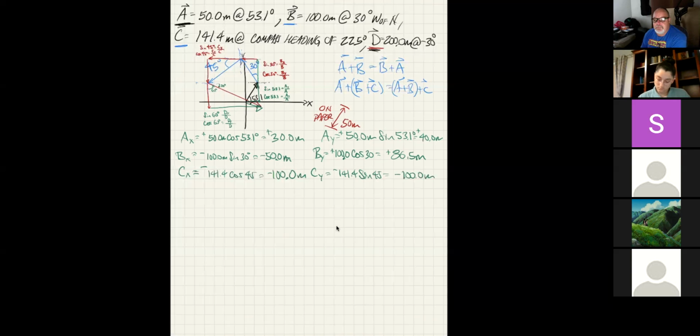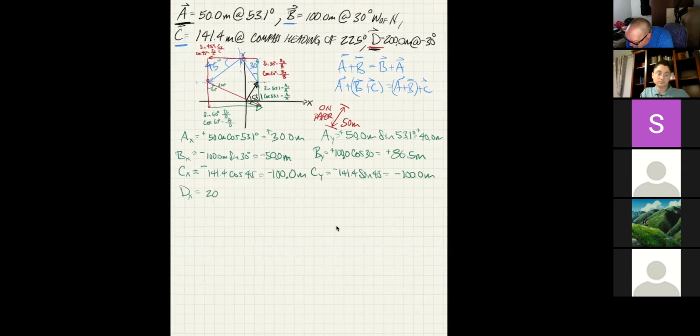And we're almost done. D sub x, that one's going to be 200 meters. D has a positive x component but a negative y component, so I'll put a plus there. So 200.0 times what we found, D sub x is found by multiplying d by the sine of 60. We knew the sine of 30 was 1/2, so the sine of 60 must in fact be root 3 over 2.